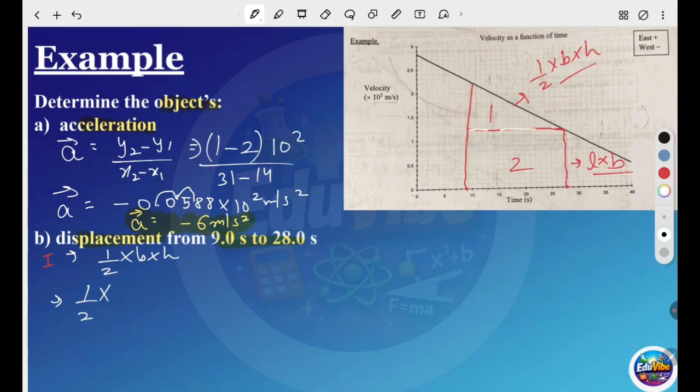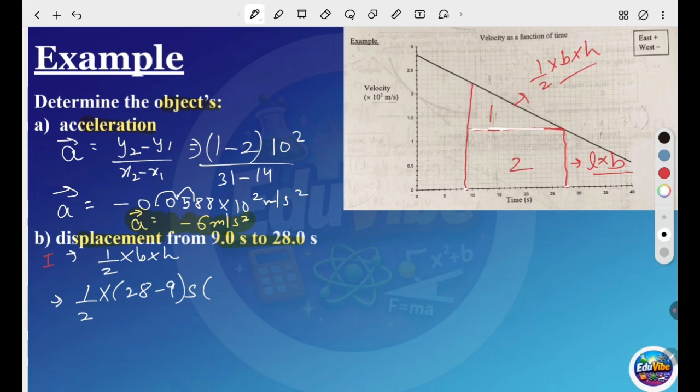This is the base. The base for triangle and rectangle is the same. So to calculate this, we know that here is 9, here is 28. So we get the base from there, which is 28 minus 9 seconds. And you have to multiply by the height.